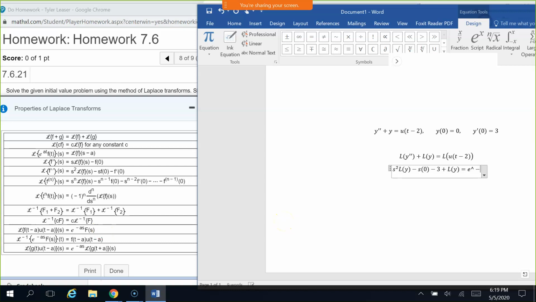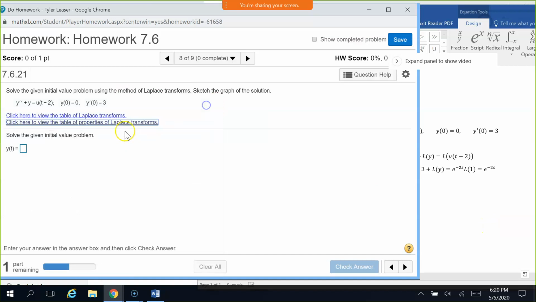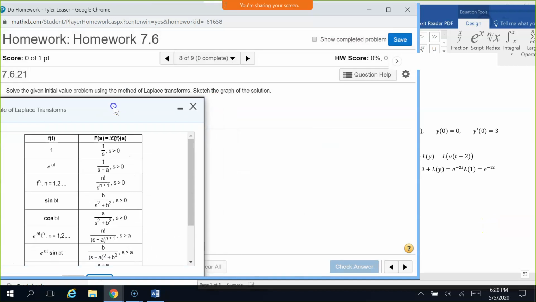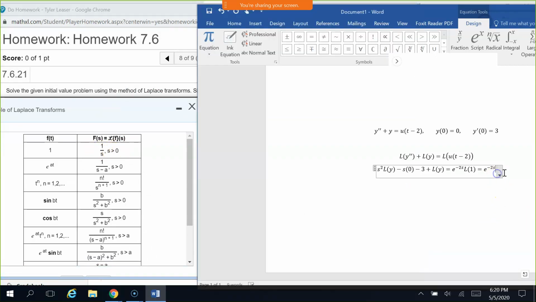So to break it down into steps, we're going to have the e to the negative 2s out in front, that's coming from the 2 here, and then times the Laplace transform of what's in front of the u, but what's in front of the u is just a 1. From the other table, we know what the Laplace transform of 1 is. It's just 1 over s.